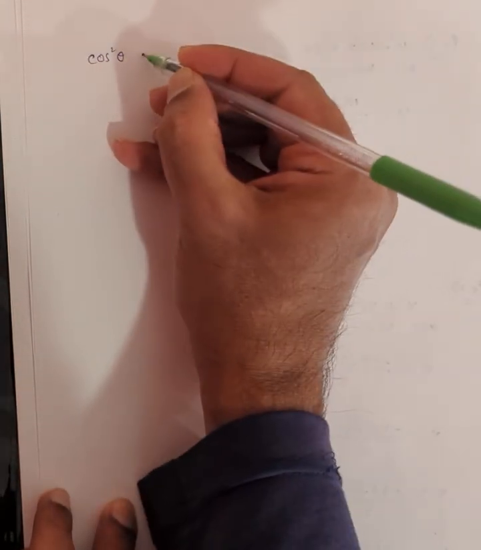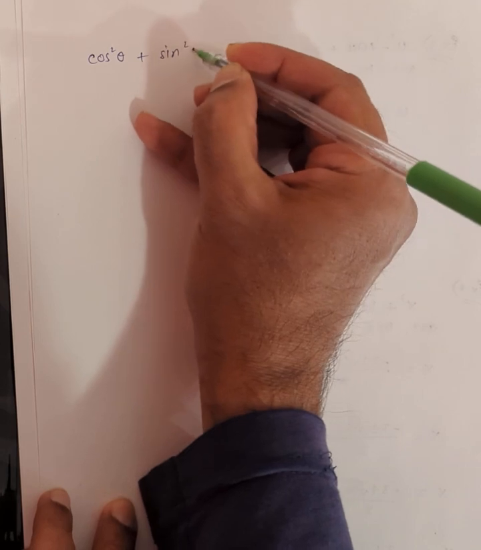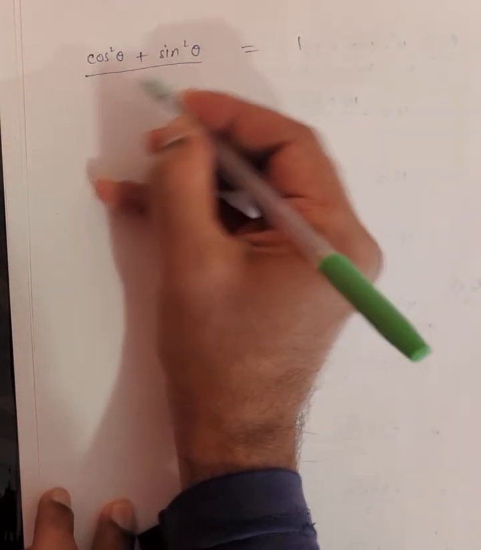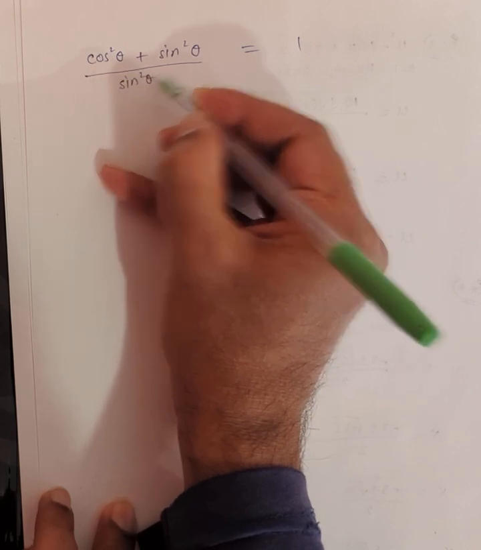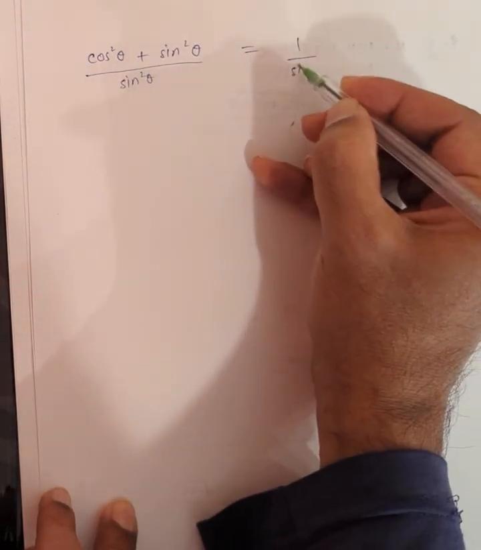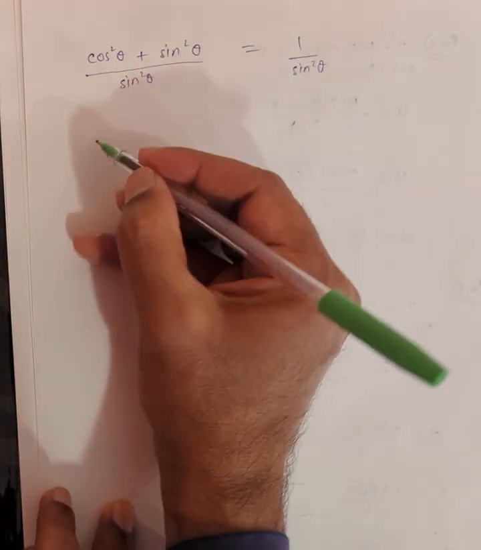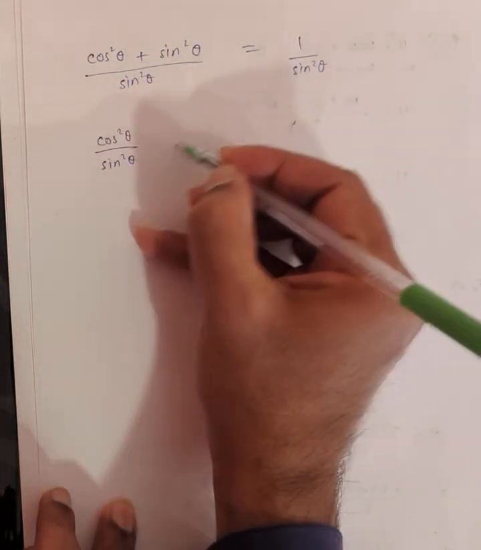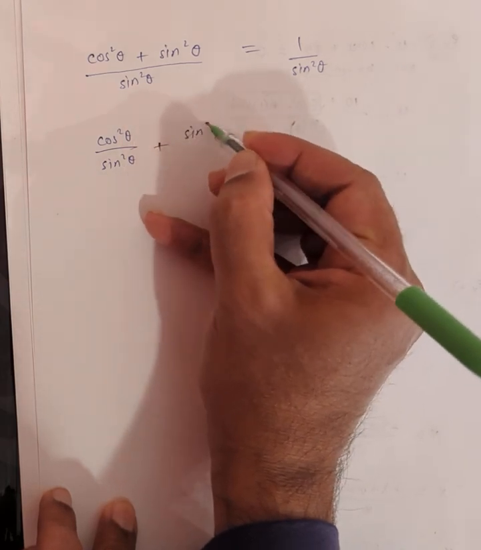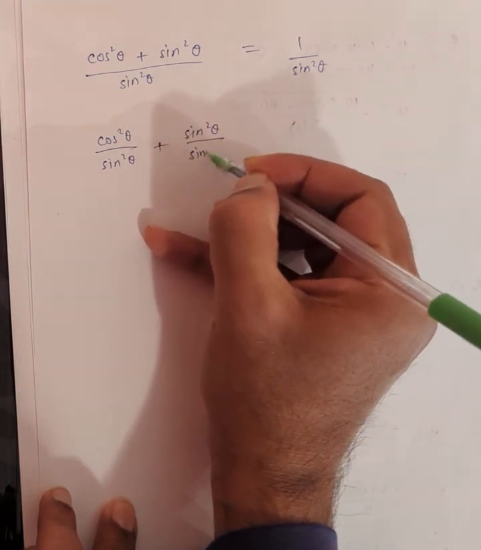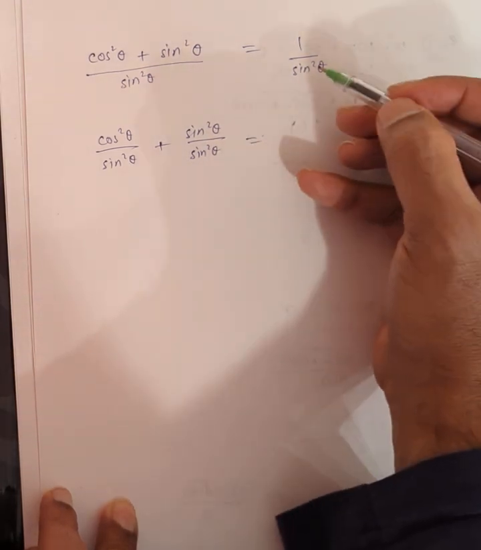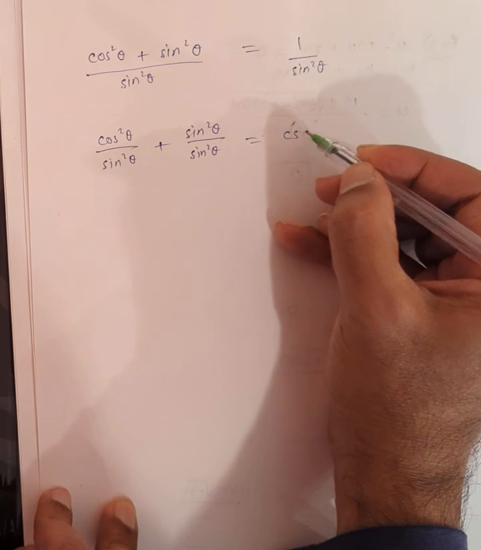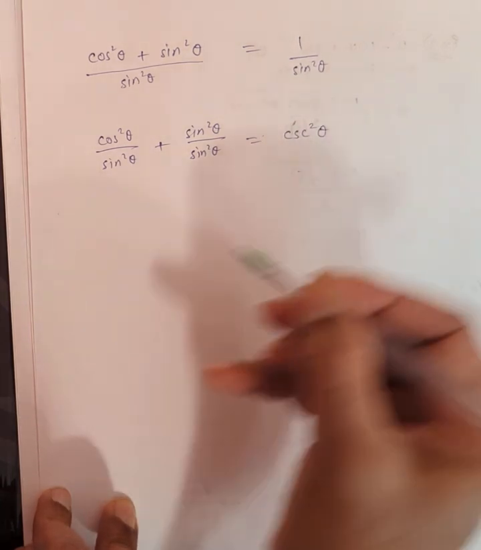So let's rewrite that identity one more time, and this time we will divide both sides by sine square theta. Earlier we divided by cos square. Now the left side is cos square theta over sine square theta plus sine square theta over sine square theta, and on the right side, 1 over sine is cosecant, so this is cosecant square theta.